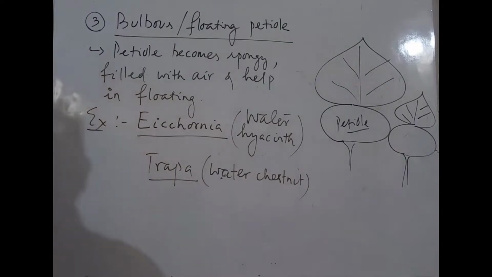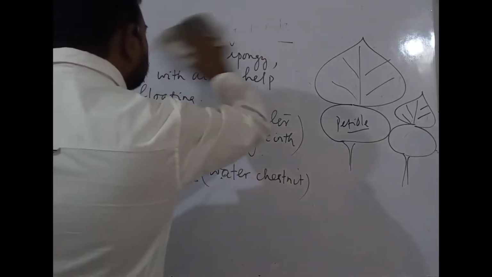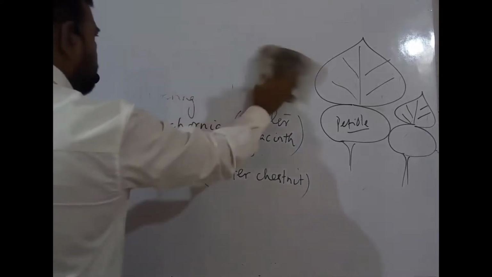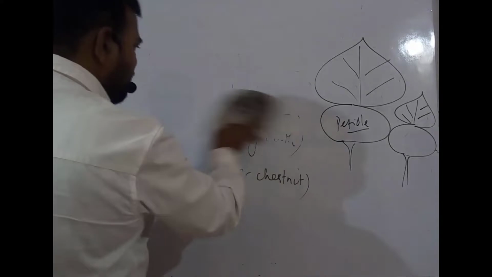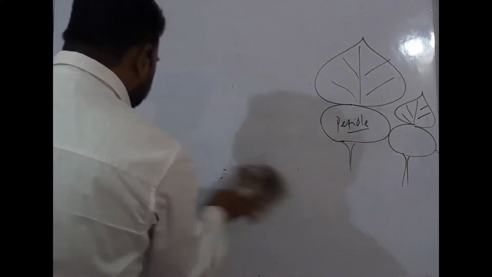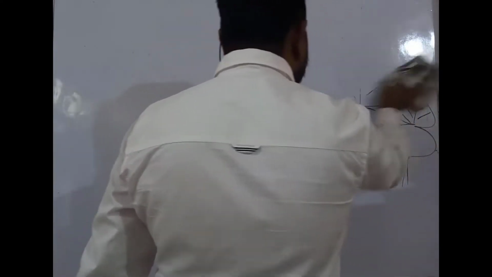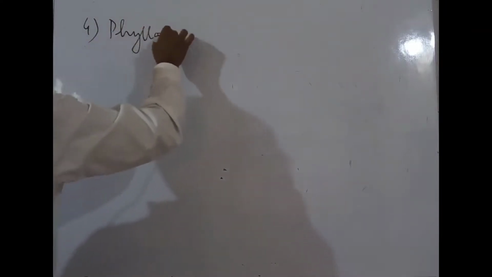So the next modification we will go to is phyllodes. In NCERT, the word phyllodes is not given, but its meaning is given. So number 4 modification of the petiole is phyllodes.